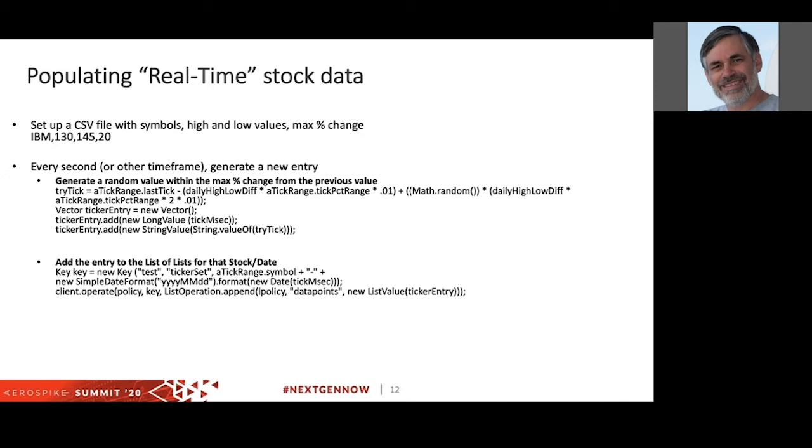Add that one entry to that list. So this operation gets sent to the server. Within the server, the record is read, the append is made to the list, and the record is written. The client does not have to retrieve the record at all. The record does not show up at the client site to make this happen.